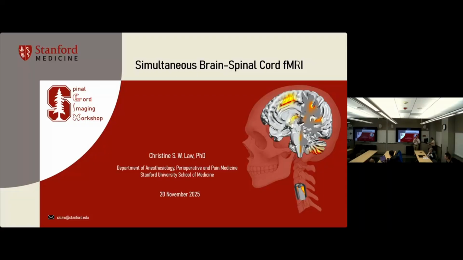She did her PhD with Dr. Gary Glover here at Stanford, then went to Oxford for a postdoc, and came back here for a second postdoc with the pain division, and has been a key player in helping us develop novel imaging technologies, and is a co-developer of this simultaneous brain spinal cord sequence that she'll be talking about. Also has experience in non-Cartesian acquisitions, undersamplings for MRI, acceleration methods, and advanced shimming techniques.